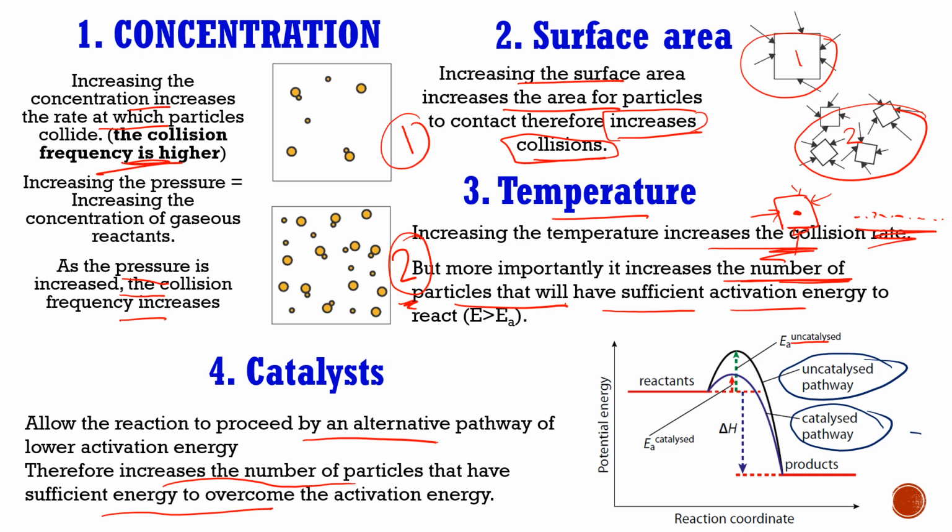This catalyzed pathway requires lower energy than the uncatalyzed pathway. For that reason, the catalyst is increasing the rate of the chemical reaction for its ability to provide an alternative pathway for the reaction with a lower activation energy. It's not 100% correct to say that it will lower the activation energy, but sometimes they use it.